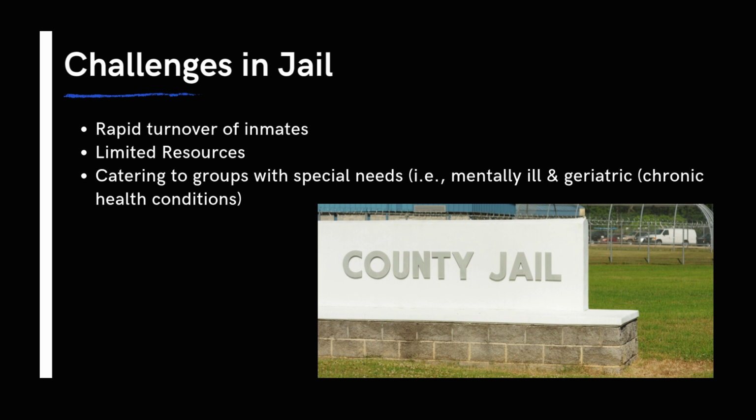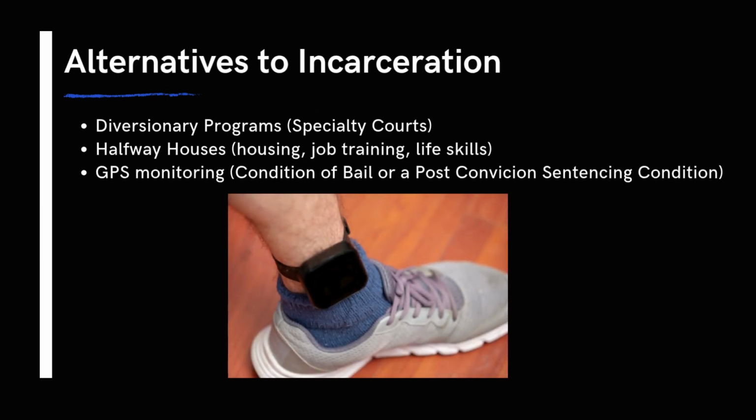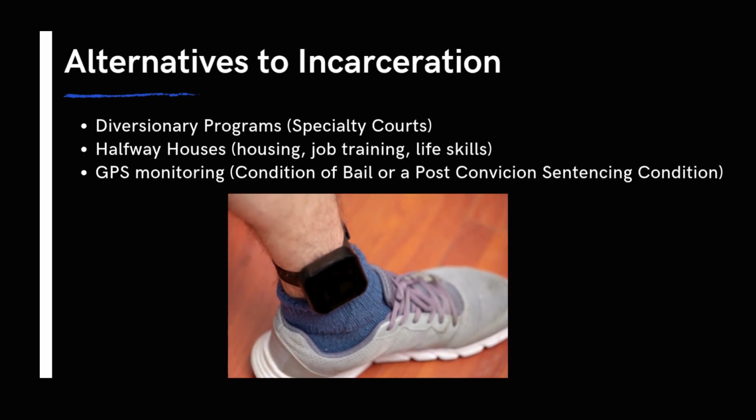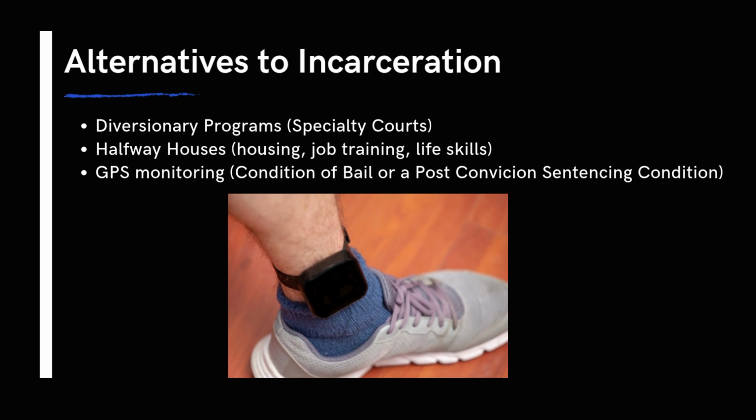Because of the wide array of challenges faced by the prisons and jails, there is an effort to decrease the number of offenders housed in prisons and jails. These options include diversionary programs, halfway houses, and release with electronic monitoring, or a GPS monitor. There are a number of diversionary programs gaining momentum for their effectiveness, as we discussed in the last module.